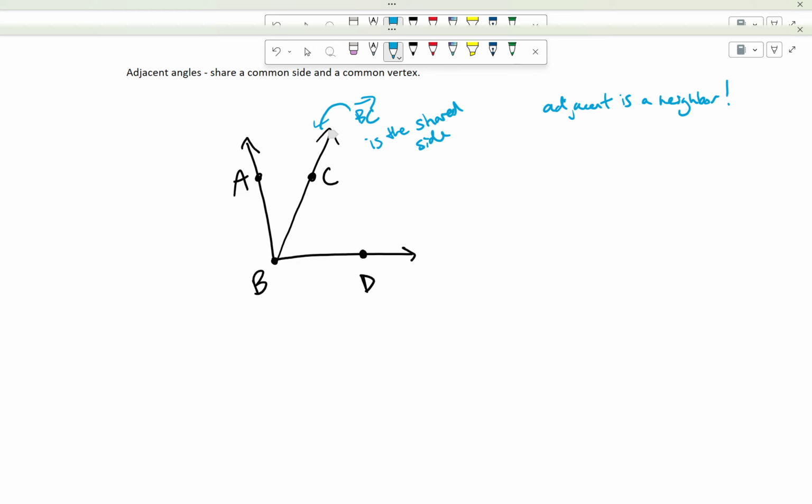And point B is the shared vertex. Okay. So by definition, angles ABC and CBD are adjacent angles.